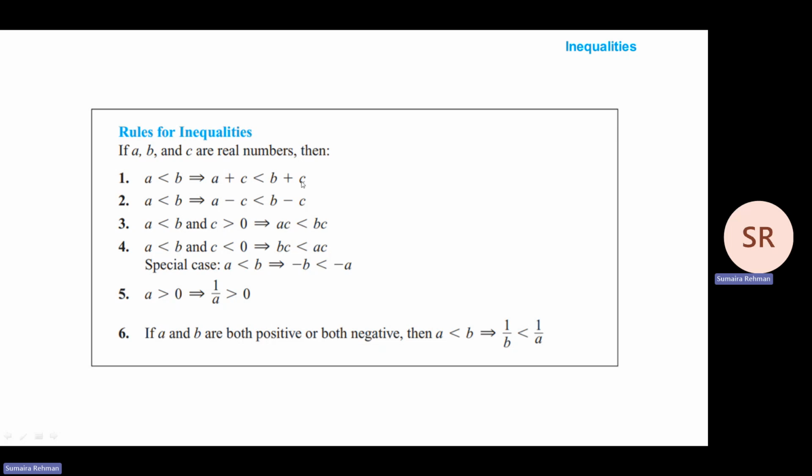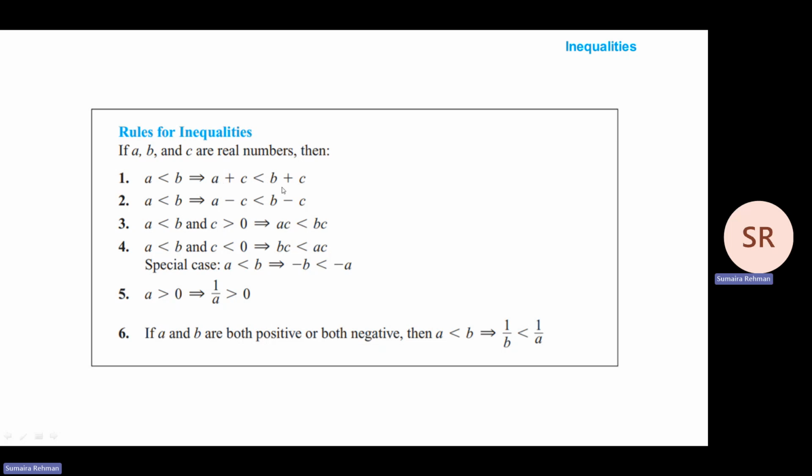You can check it by giving any particular numbers. Like you can take that A is 1 and B is 2. We know that 1 is strictly less than 2.